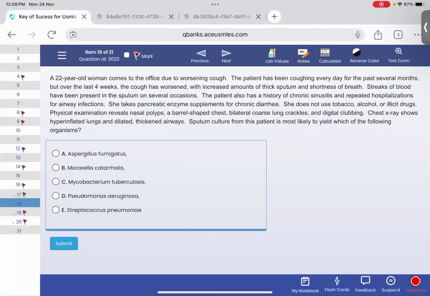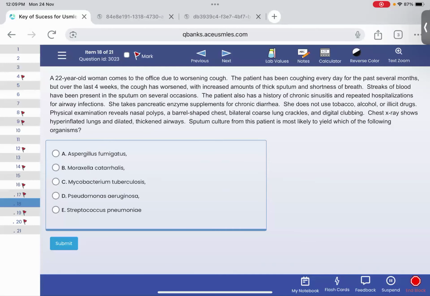They usually don't respond to the routine antibiotics, so we will only give anti-pseudomonal antibiotics. For example, you can give anti-pseudomonal penicillin, like ticarcillin or piperacillin, and other cephalosporins which are effective against Pseudomonas. You can also give aminoglycosides or fluoroquinolones.